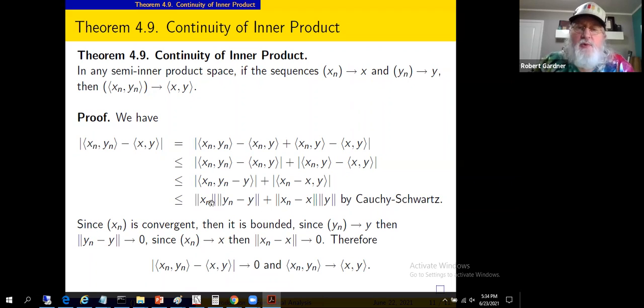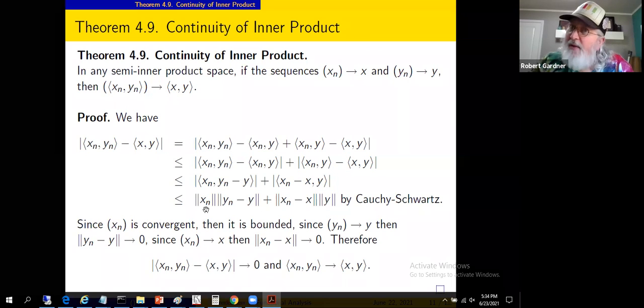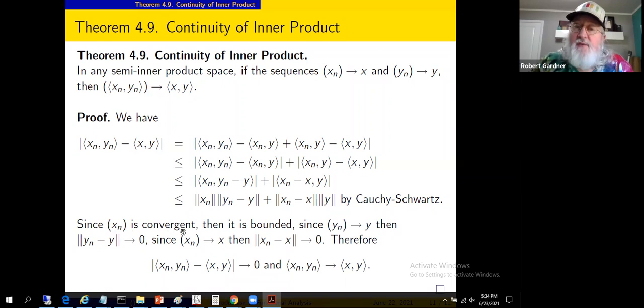My only concern is what about the x sub n's? And this gets little. Does that get little? No, but it's bounded. x sub n is a convergent sequence. Convergent sequences are bounded. We've stated that several times. I could probably excavate the notes and find specific justification for that. I think we said it in a note somewhere. But the x sub n's being a convergent sequence is a bounded sequence. That's bounded. That gets little.